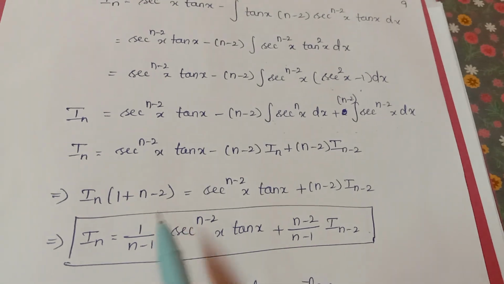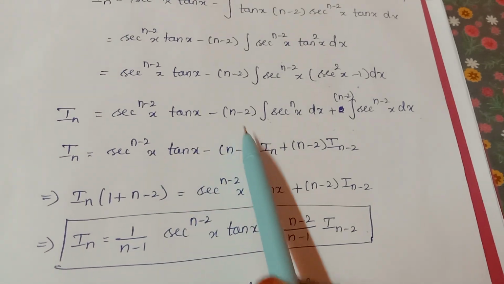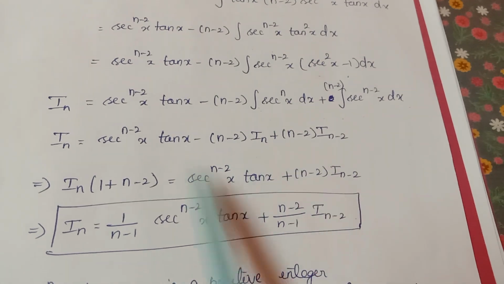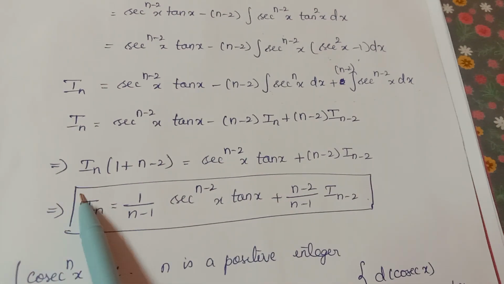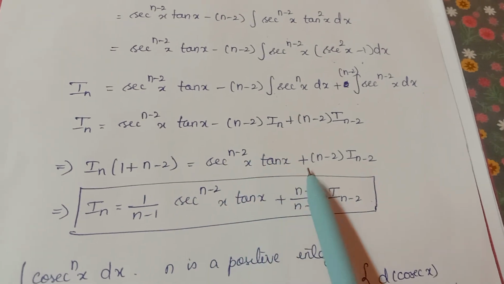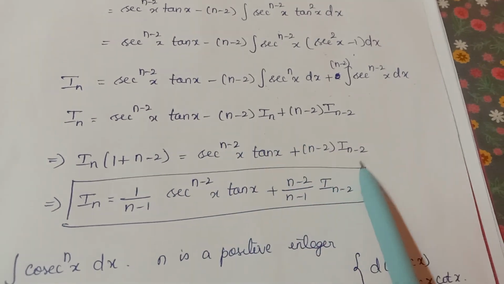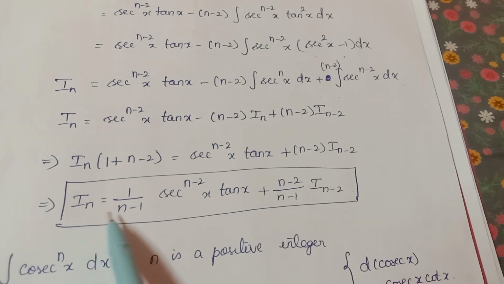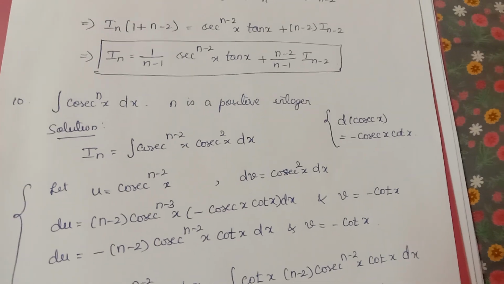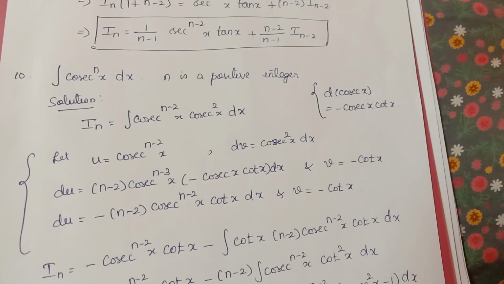So this is secant power n minus 2x into tan x minus n minus 2 into I n plus n minus 2 into I n minus 2. Bring I n to the left hand side. So I n into 1 plus n minus 2 is equal to secant power n minus 2x into tan x plus n minus 2 into I n minus 2. So finally I n equal to what? 1 by n minus 1 secant power n minus 2x into tan x plus n minus 2 by n minus 1 into I n minus 2.